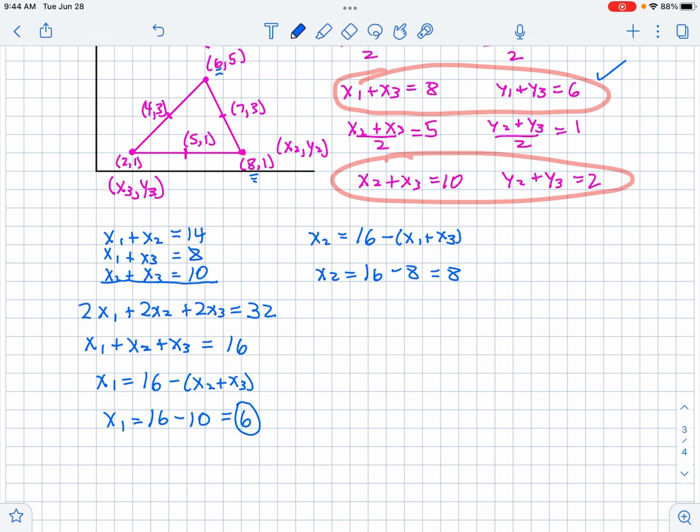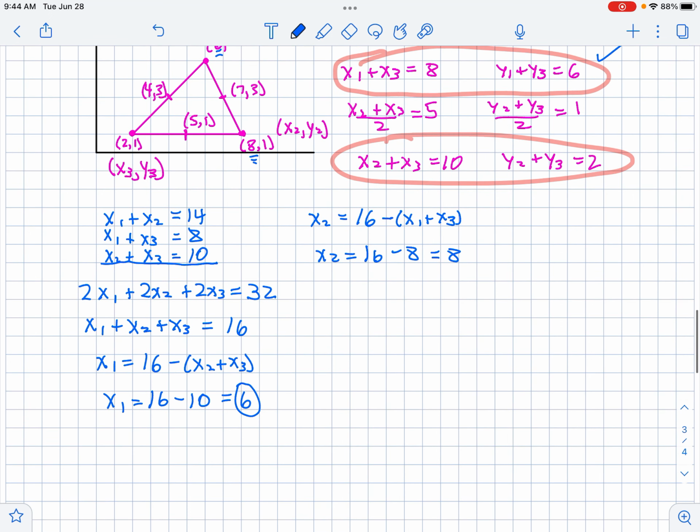Now, let's go ahead and do the next one. x3 is equal to 16 minus x1 plus x2. And x1 plus x2 is 14, so x3 is 16 minus 14, which is 2. And there's 2 right there.